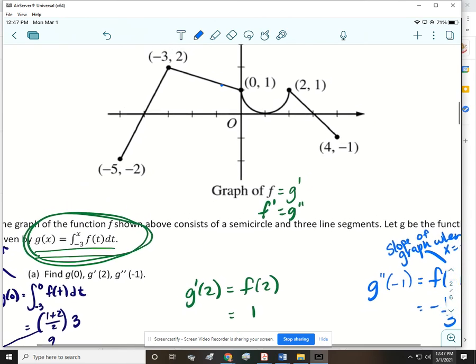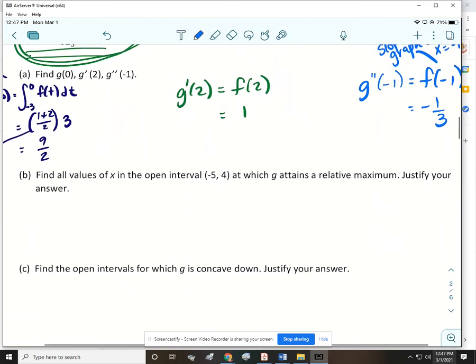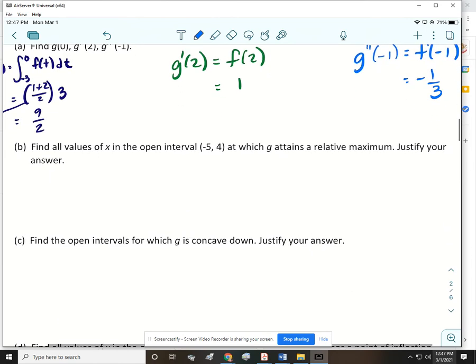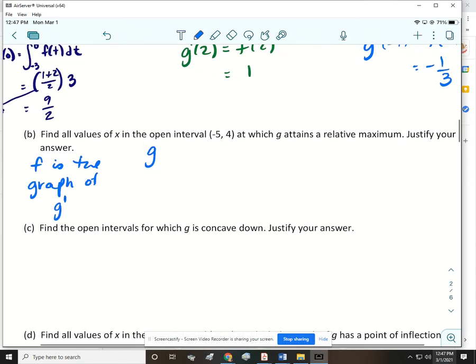X is 3. Only x equals 3 right here. Positive above the x, negative below. Right, and then it does tell us to justify your answer. So I'm just going to write, just to remind you, that F is the graph of G prime. So I'm going to justify and give the answer at the same time.